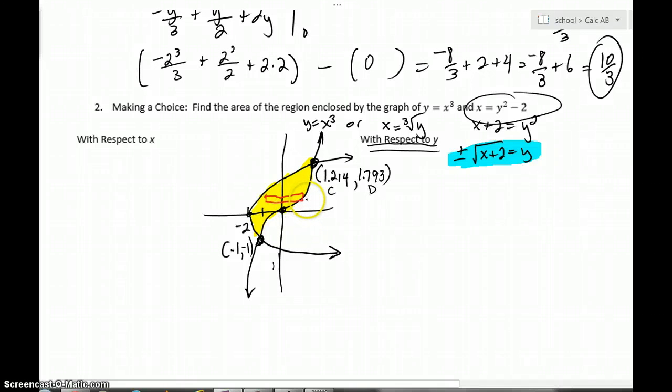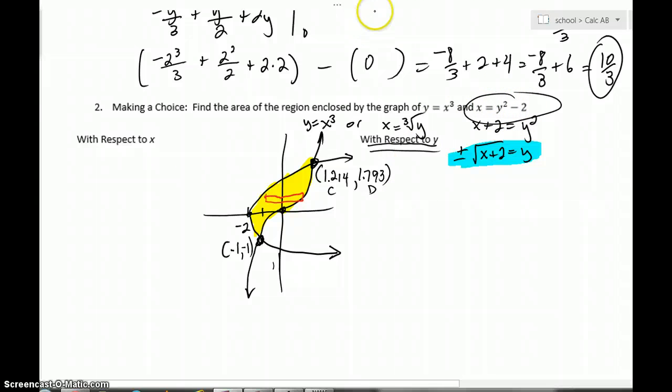You would always have the cubic curve off to the right, and off to the left you would have this sideways parabola. The sideways parabola, of course, would be given to you as x equals y squared minus 2.